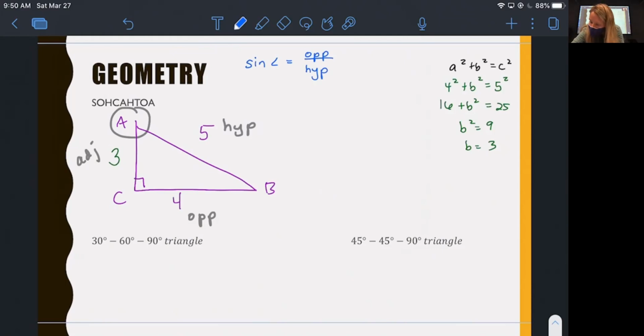The cosine of an angle is equal to the adjacent side divided by the hypotenuse. So cosine is adjacent over hypotenuse. And then tangent is TOA. It's the opposite side over the adjacent side. So tangent, T-O-A, is opposite over adjacent.